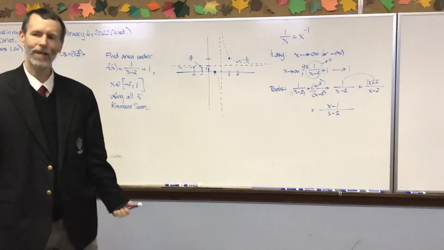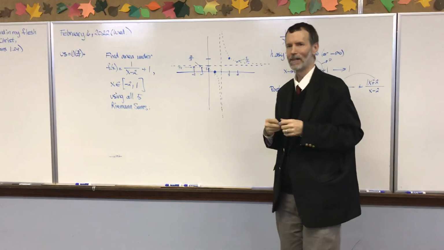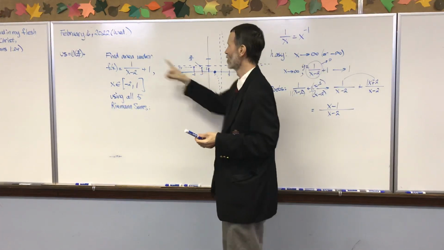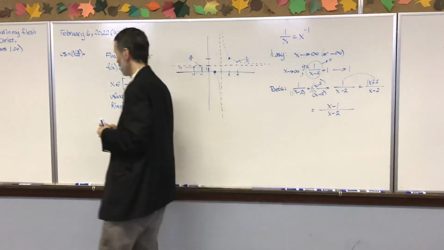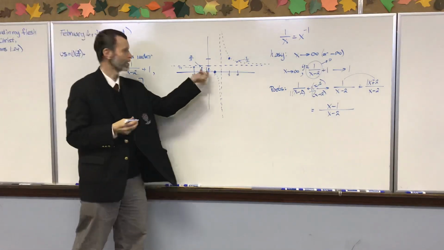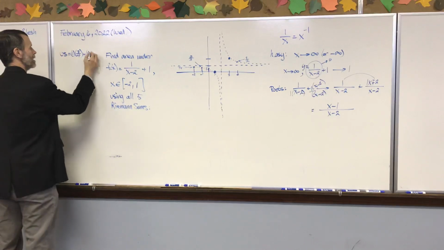But upper sums use which end as the height? The top one. So in this one, we used a height of 3/4. What about the next one? It's 2/3. So base times height.